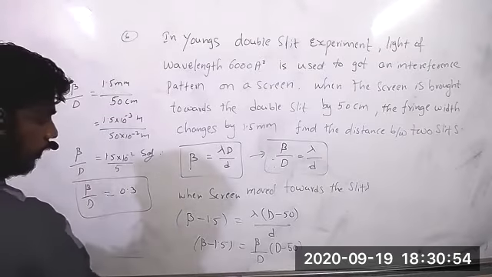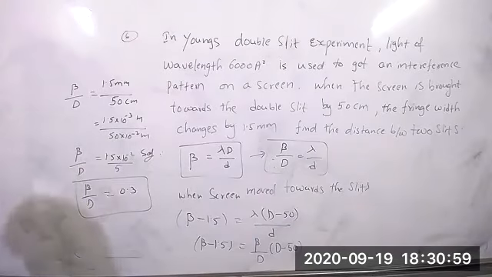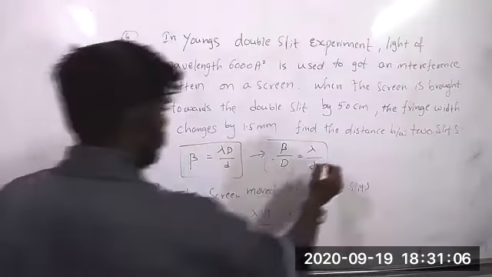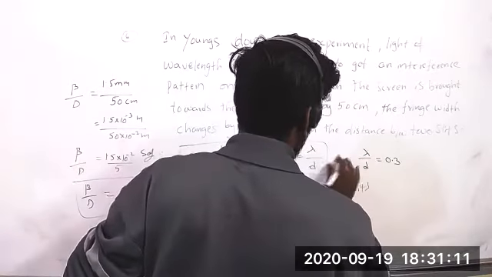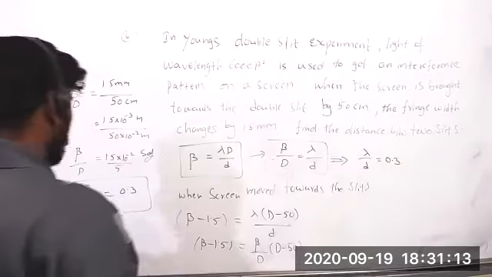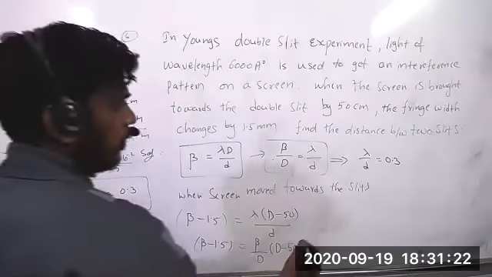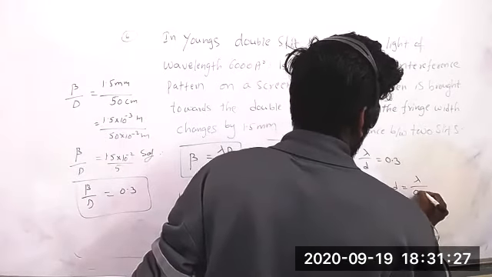Now here, beta by d equal to 0.3. So from equation 1, beta by d 0.3 means lambda by d equal to 0.3 only. From that we have to calculate small d, the difference between the slits. So d equal to lambda by 0.3.